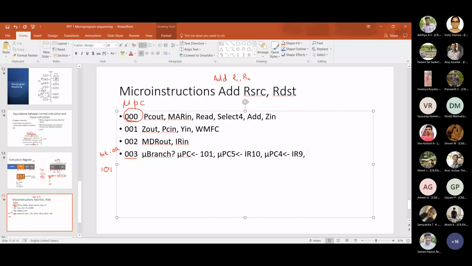Then MUPC 3 is IR10 bar, IR9 bar. Okay, this is what will be the content of the address location 003. Is it clear to all of you? Any doubt?